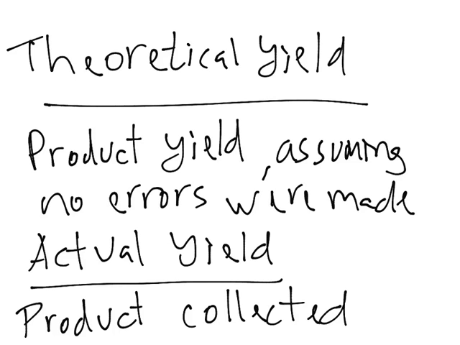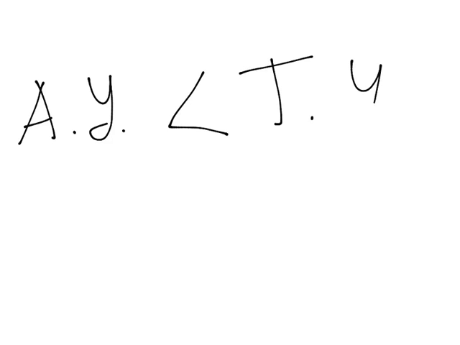I mean, you cannot collect more than what perfection could collect. You cannot collect more than what will happen if the experiment were perfect. That's just impossible. So I'm going to write actual yield, AY, should be less than theoretical yield. Be sure to remember this.